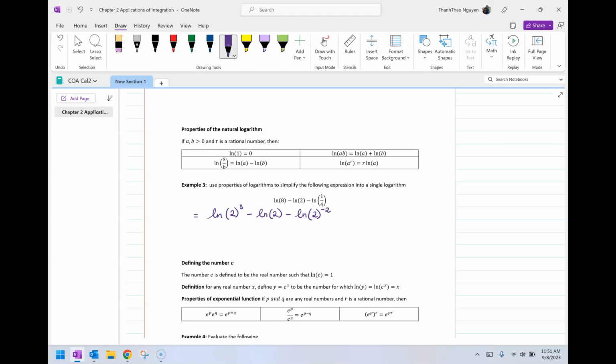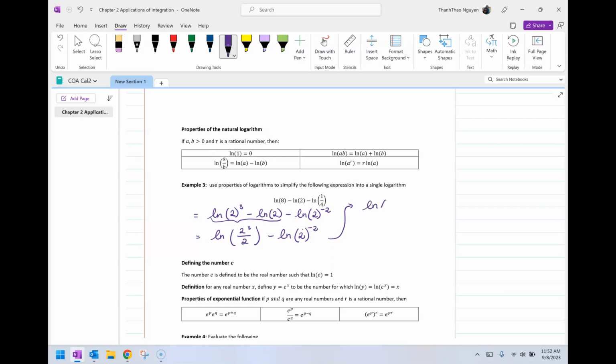Let's put the first group together. Ln of 2 to the third minus ln of 2, that is equal to ln of 2 to the third divided by 2, minus ln of 2 to the negative 2.